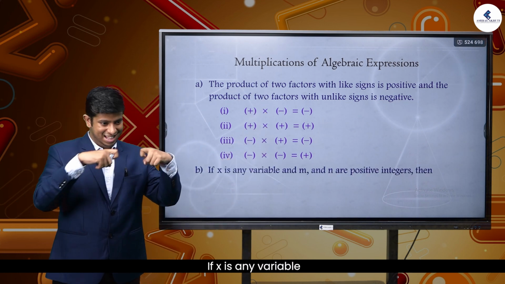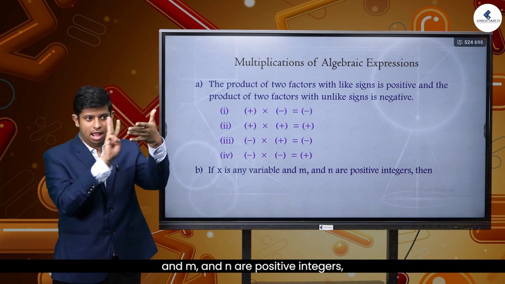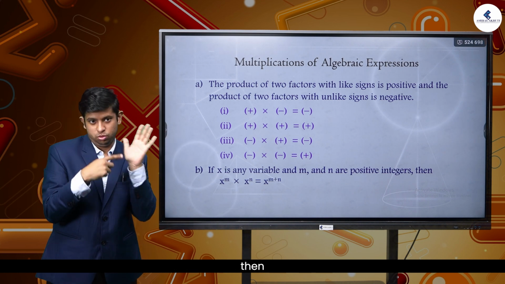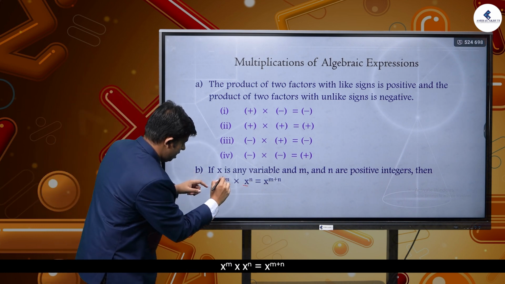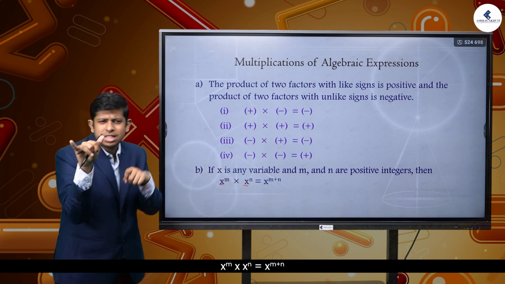If x is any variable, m and n are positive integers, then x to the power of m into x to the power of n is equal to x to the power of m plus n.